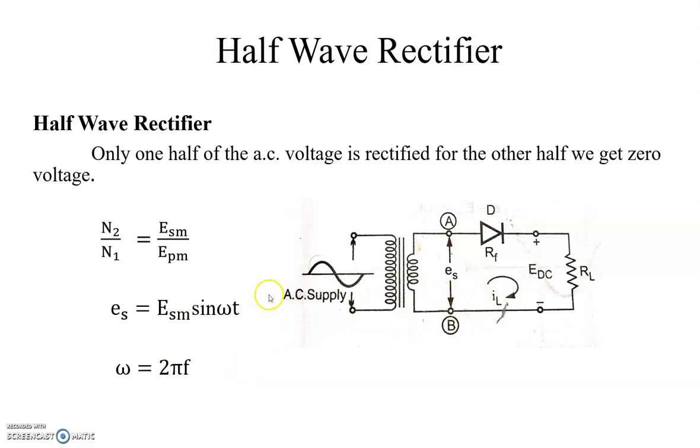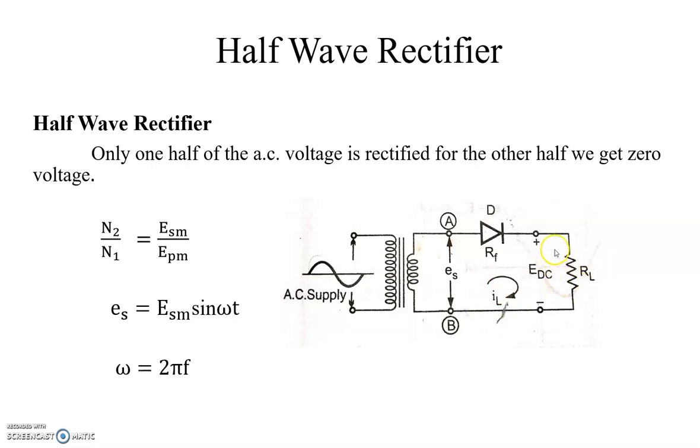The relationship between the number of turns in terms of voltages is N2 by N1 is equal to ESM by EPM. During the positive half cycle of the input, terminal A is positive with respect to B. This polarity makes the diode forward biased, so it acts as a closed circuit and the current IL flows through the load resistor RL.